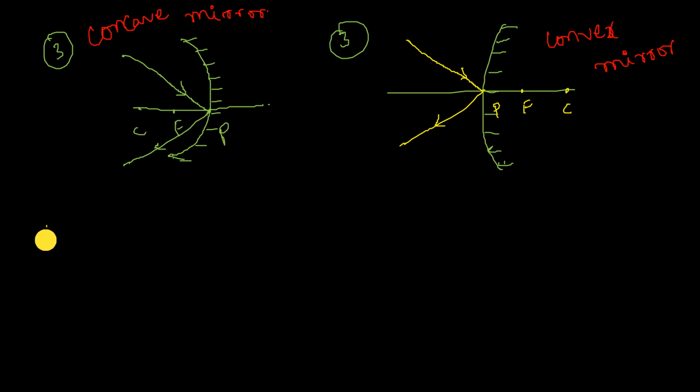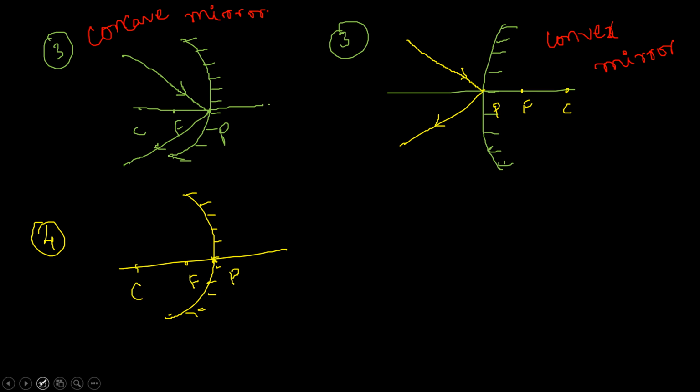And the fourth one, you can see, if the light ray passes through the center of curvature. Pole, focus, center of curvature, the light ray passes through the center of curvature. So here also, the fourth one.